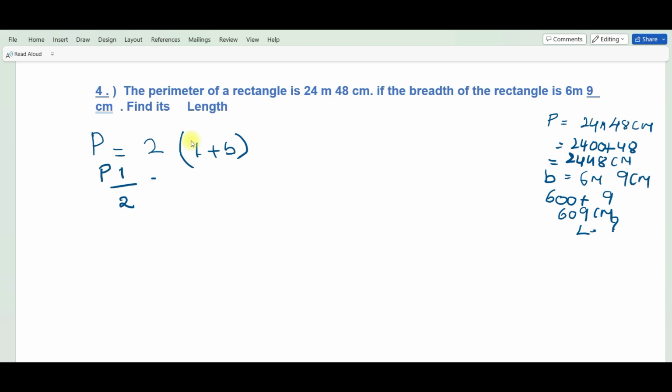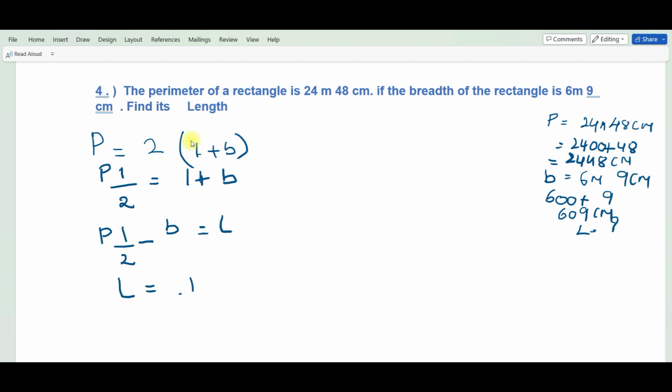It would be P times 1 by 2 equals L plus B, correct? Going forward, it is P times 1 by 2 minus, if I bring the breadth this side, this equals length. Now I have a formula to find out the length.